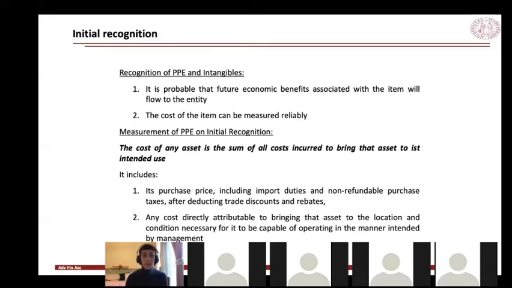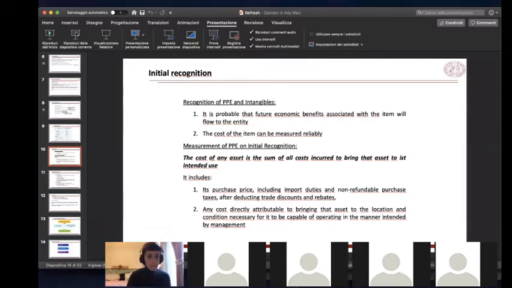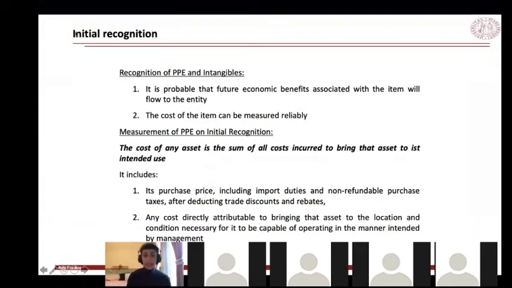How can you measure reliably whether this economic benefit is probable or not in the future? You can see that for some items, the initial recognition is not that easy, because sometimes these two criteria are not met.